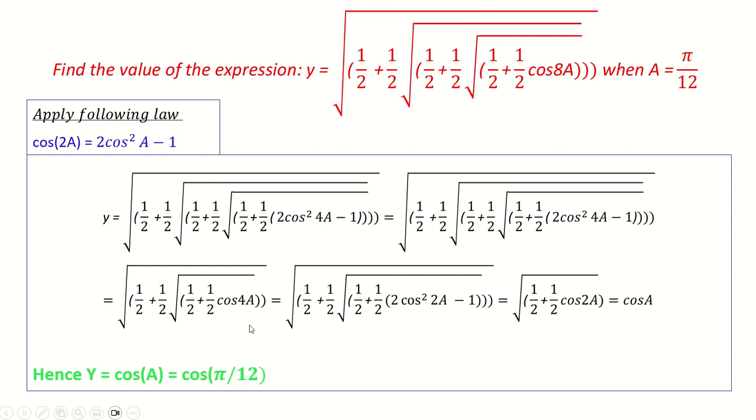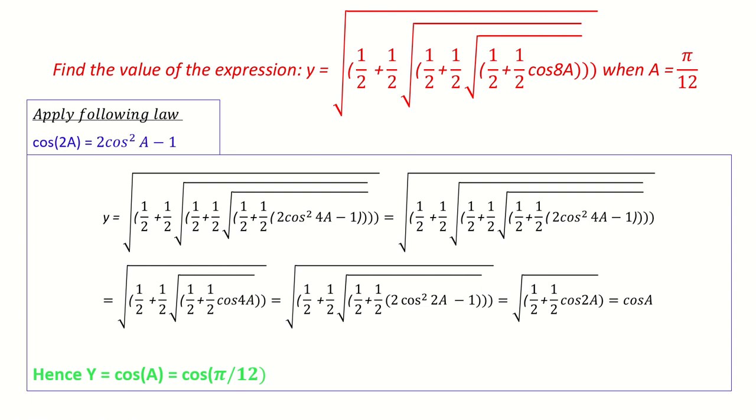If you simplify square root of 1 by 2 plus 1 by 2 into 2 cos square 4a minus 1, you can clearly see it will become cos 4a. So the expression will become square root of 1 by 2 plus 1 by 2 into square root of 1 by 2 plus 1 by 2 cos 4a. One square root is gone, and cos 8a has become cos 4a.